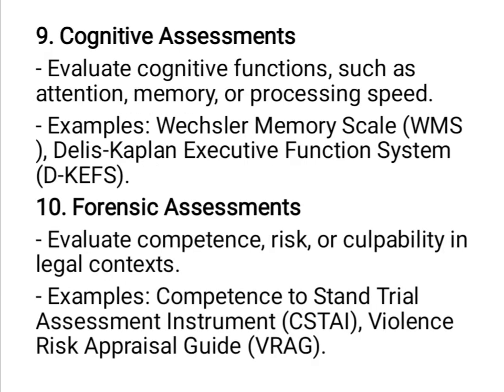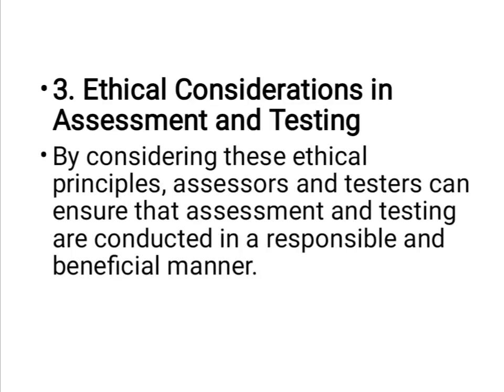Then there is also what is called forensic assessment. Forensic assessment evaluates competence, risk, and capability in legal contexts. Example, competence to stand trial, assessment instrument, violence risk appraisal. So these are some of the things that have to be looked at.